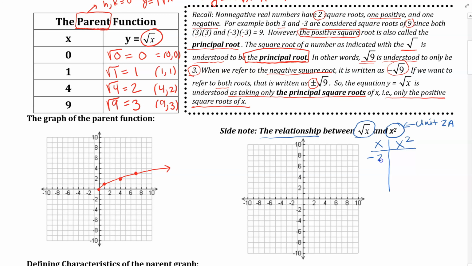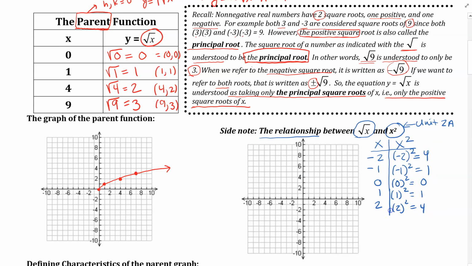You may recall at that time, I was using -2, -1, 0, 1, and 2 as my inputs, as my x values. And then for the y values, I was just squaring those. So my y values were all coming out positive. So I had 4, 1, 0, 1, and 4 as my y values.